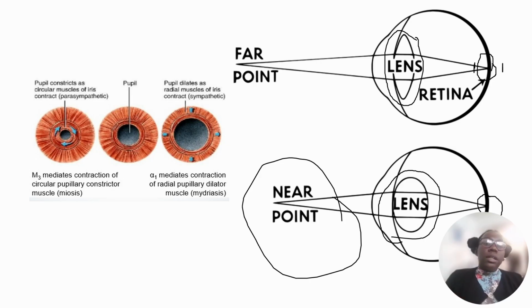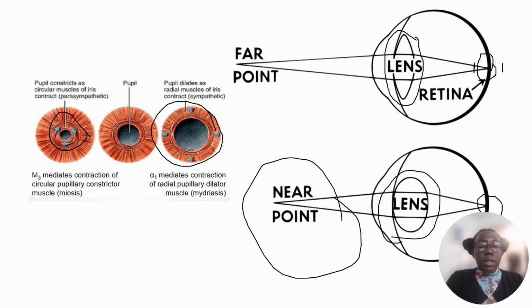The muscles around the pupil, when it's bright, work together so that the pupil can become small like this for a lot of light. When there is not a lot of light, the muscles work together so that the pupil can become large enough so that you can have enough light to see what you are looking at.